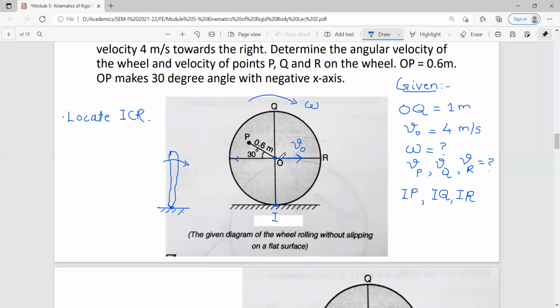It will remain where it is. But as it is rolling, because of rolling, different points of its surface will come in contact with the surface one by one, and it will keep rolling forward. I hope you got the answer. Yes. Okay.